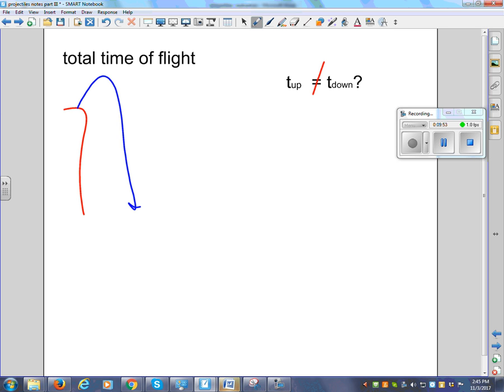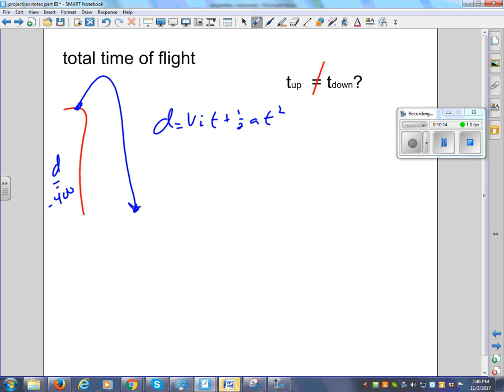Okay, so the displacement, how high is this cliff again? 400? Okay, so the displacement is minus 400 because it starts off here and it ends up here. The vertical displacement is minus 400. So we're going to go d equals v_i t plus 1/2 a t squared.